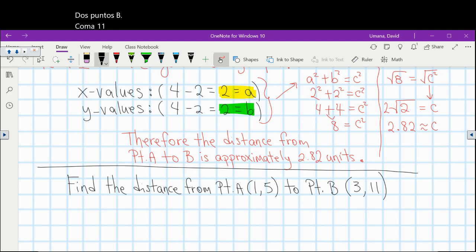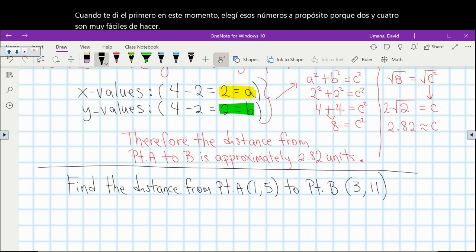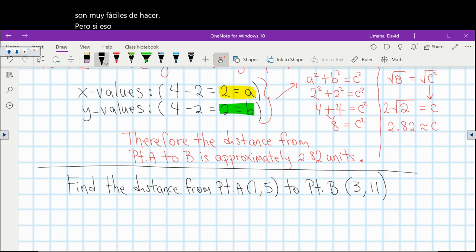When I gave you the first one, I chose those numbers on purpose because 2 and 4 are so easy to do. But if that works, then I should be able to do the same thing with this new one.